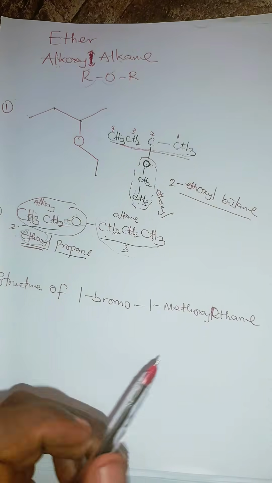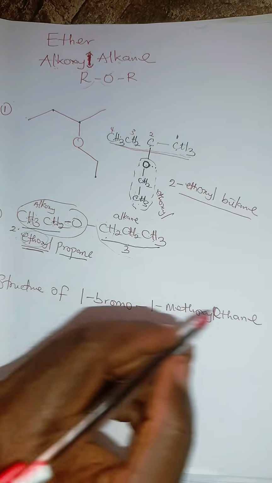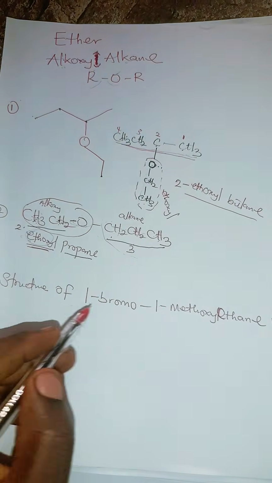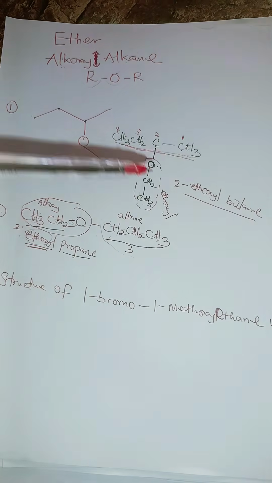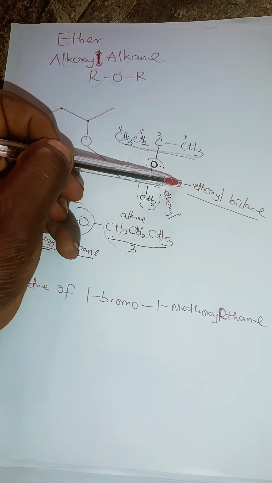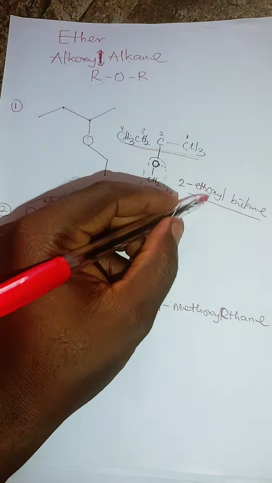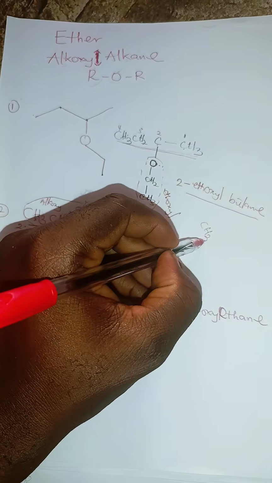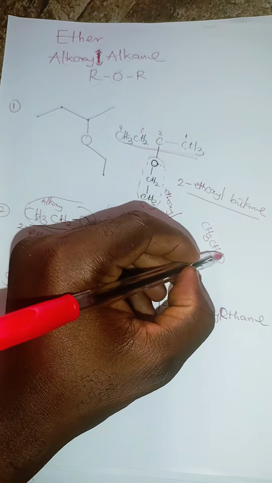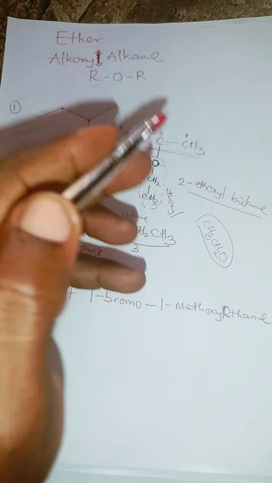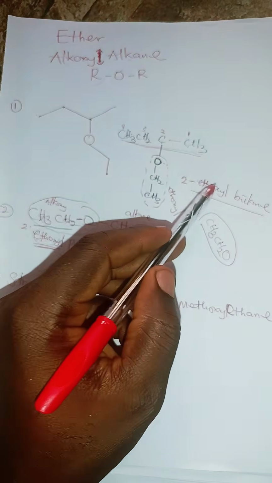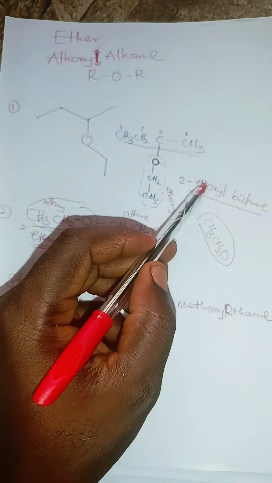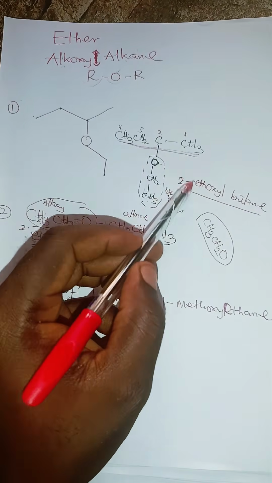Now I want you to try to draw this structure yourself. This is a classwork for you. Saying the name 2-ethoxy means that ethoxy is the same thing as CH3, CH2 together with oxygen. Now, 2-ethoxybutane means that on a butane, the ethoxy is attached to position number 2.